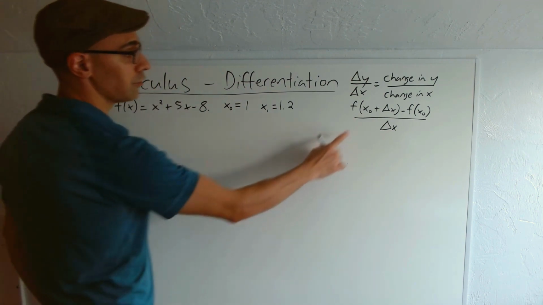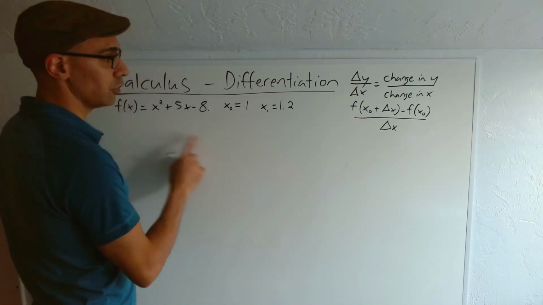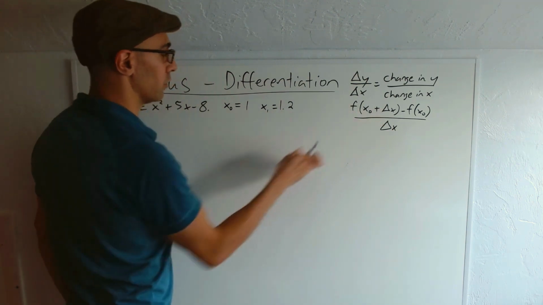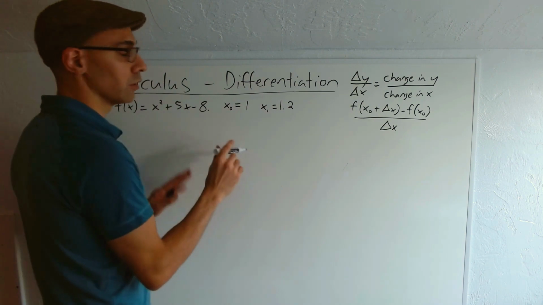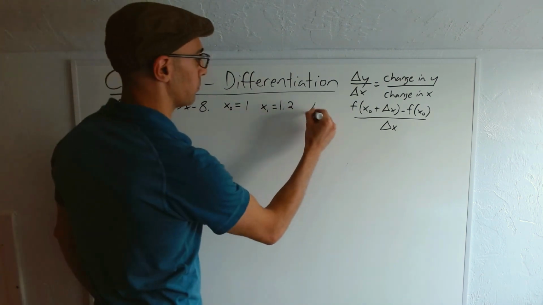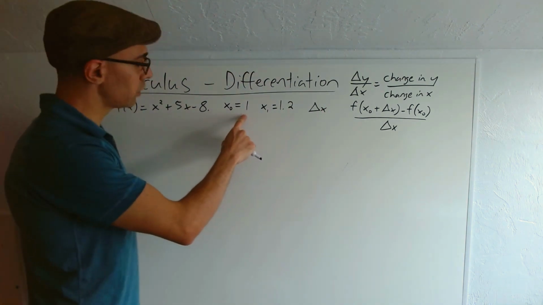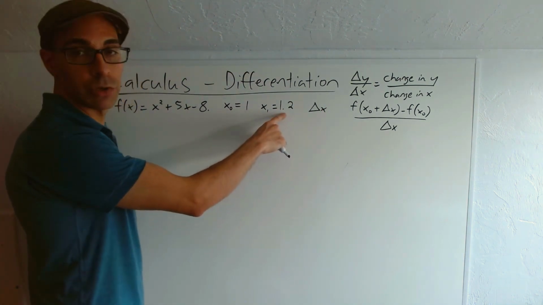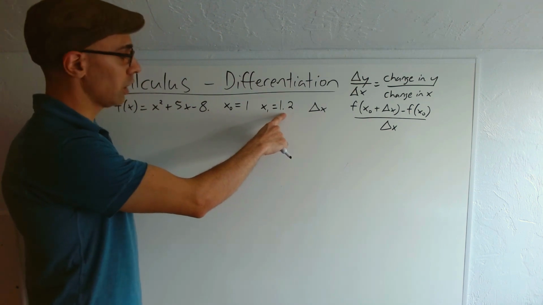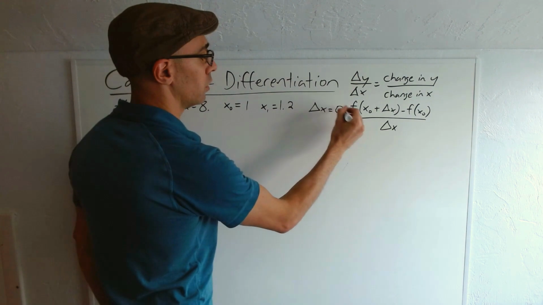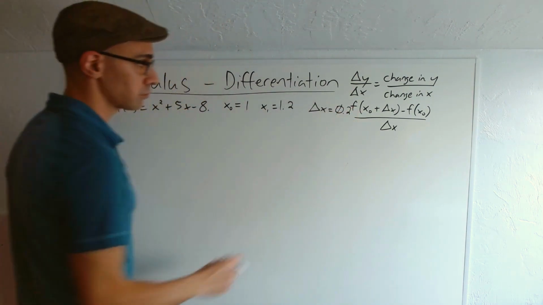First we have, what is the value of f at x naught plus delta x? Well, first let's be clear, what is delta x? We see that x has gone from 1 to 1.2. So how much did it change by? It changed by 0.2. So delta x is 0.2.